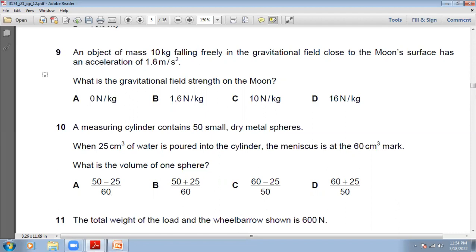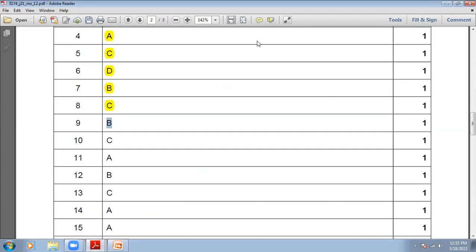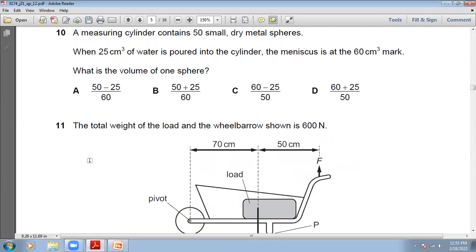It will be 1.6 Newton per kg. The g value, whether it represents the acceleration or the gravitational field strength, is the same value, only the units are different. In the case of the gravitational field strength, the units are Newton per kg. So question number 9, I think B is the right choice.